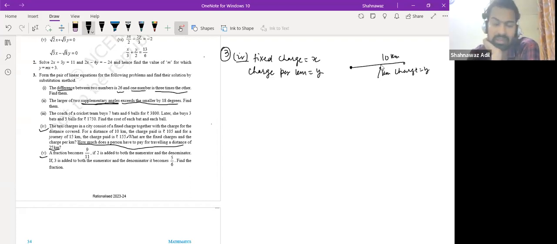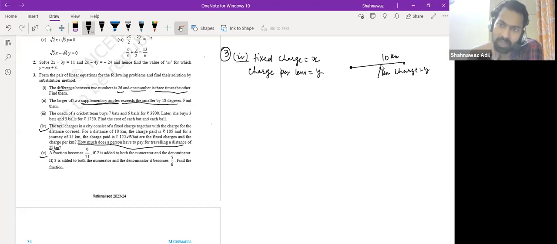Let me put the question like this. Let's say the price of 1 kg of mango is 30 rupees, and then you want to calculate the price of 5 kg of mango.